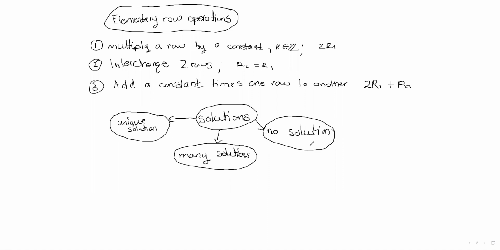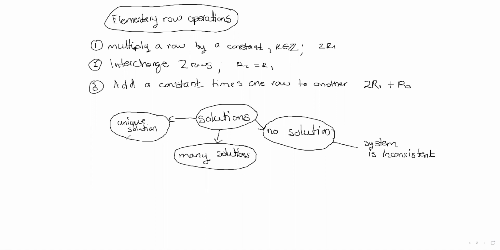So when we have no solution, we say that the system is inconsistent.